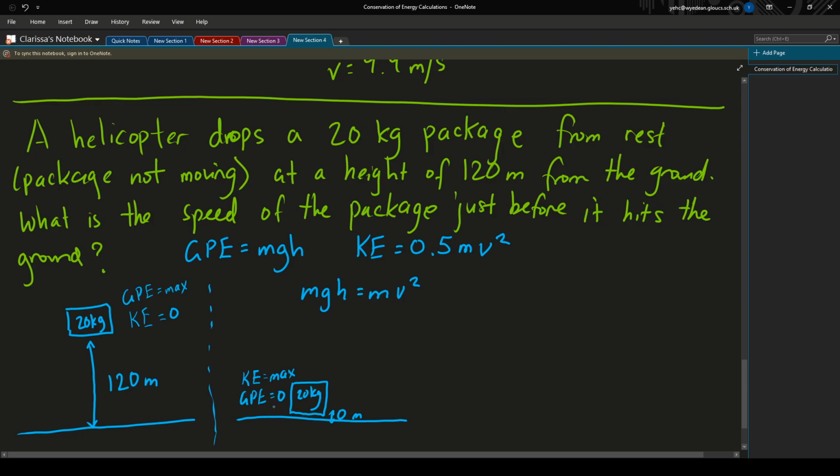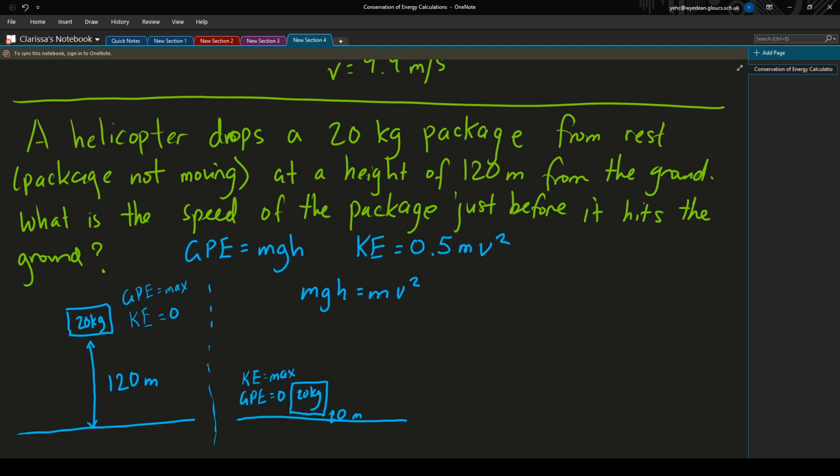So what you're going to have to do is calculate how much gravitational potential energy it started with, and that's going to be the same as how much kinetic energy was gained at the end, because the gravitational potential energy it started with transferred into the kinetic energy store.